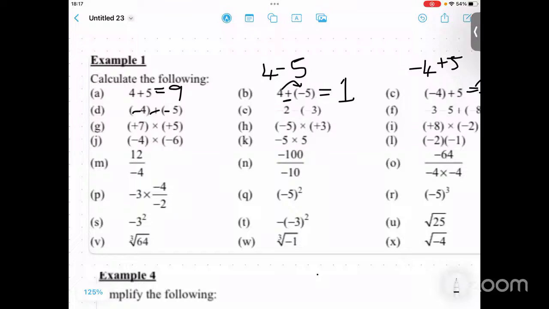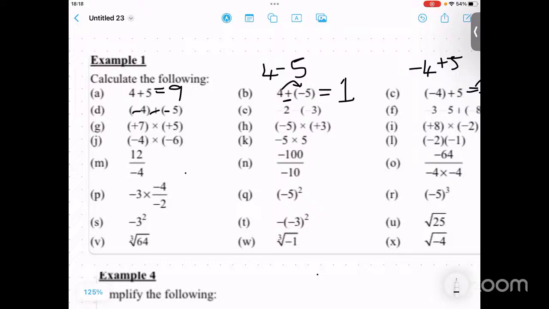We're going to have negative 4 plus negative 5 equals to, isn't it 9?